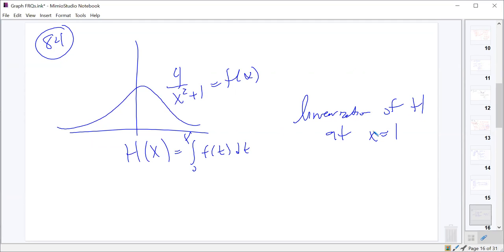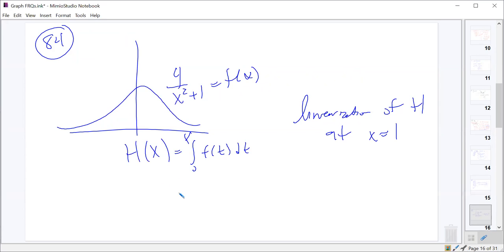So we are just looking for a linearization formula here. If we remember back, linearization tells us, let's see, we're looking for capital H. So the linearization of capital H should be the value of capital H at 1.